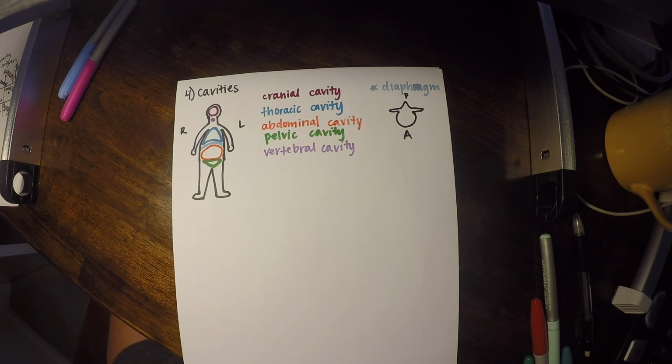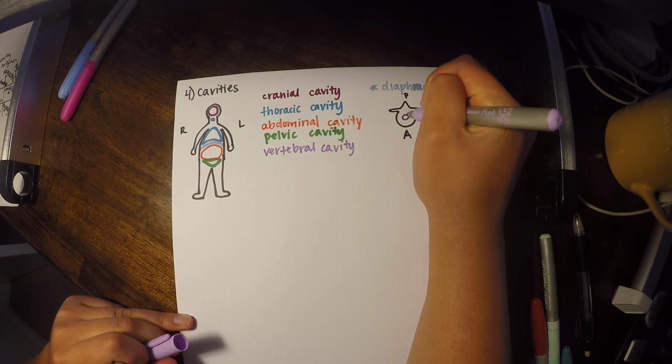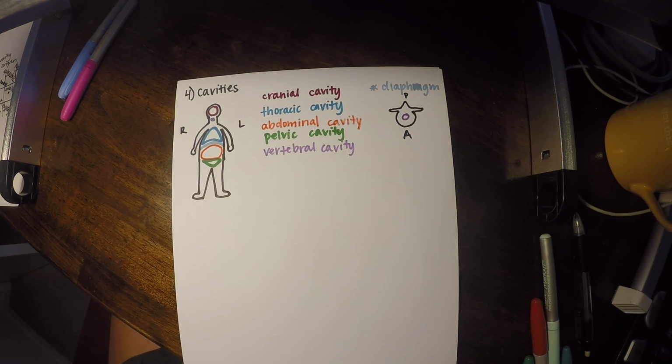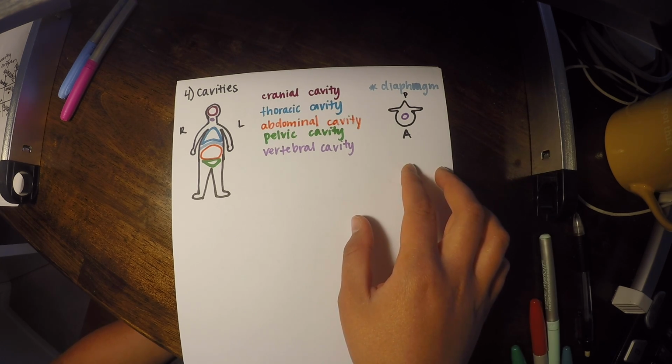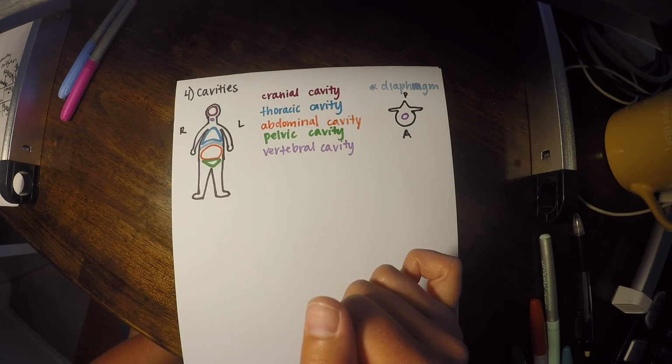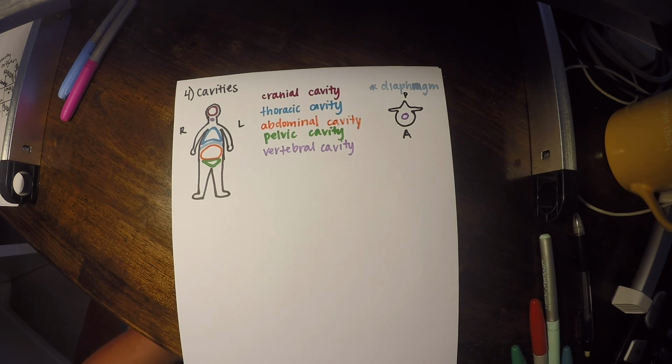So anyway, the vertebral cavity goes through this spine bone. I encourage you to look that up in your textbook or online to see what that vertebral cavity looks like, because it'll give you a little more information, and we'll review this in lab as well, especially as we go into the different bones.